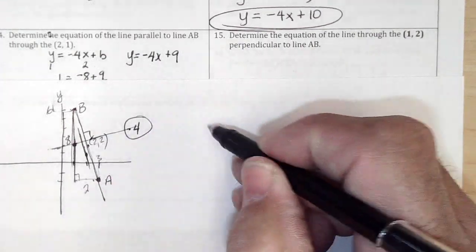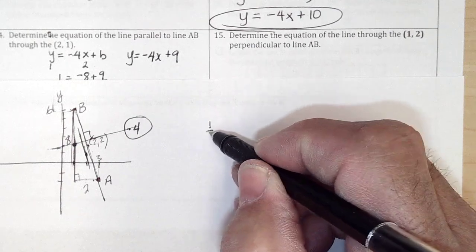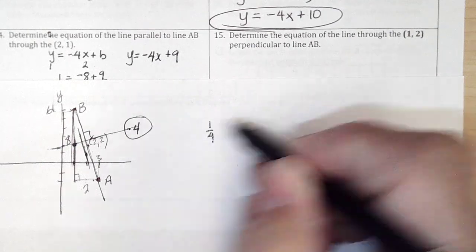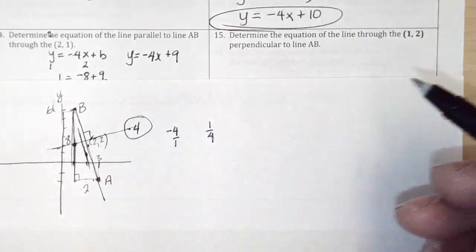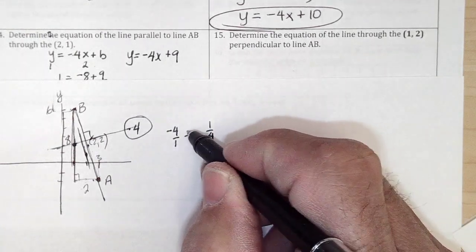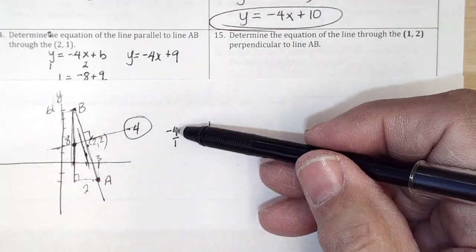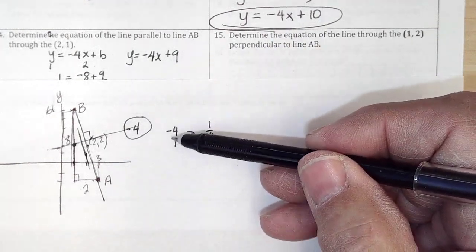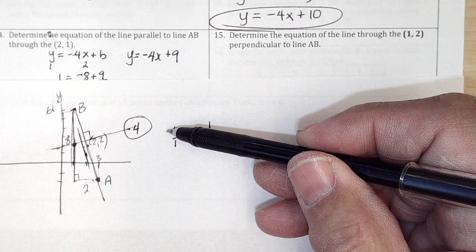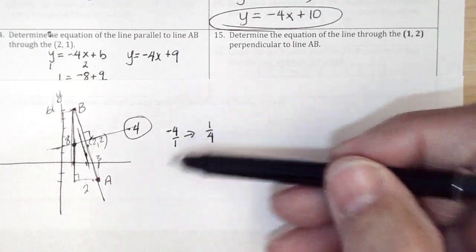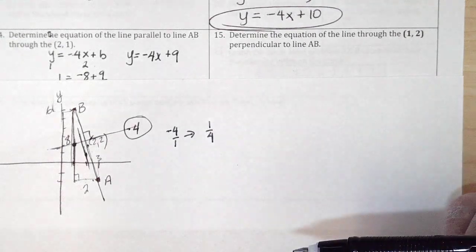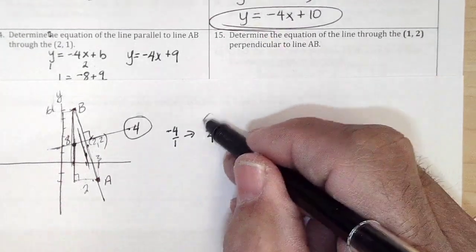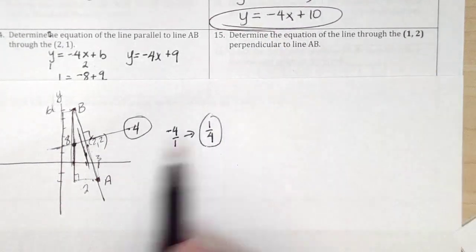So the perpendicular will have a slope of 1/4, as opposed to -4 for 1. For a perpendicular line, you take the reciprocal and opposite. So you change the sign and you flip it over. So the new line will have a slope of 1/4.